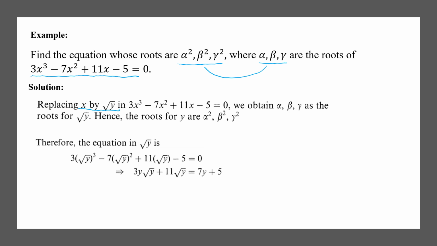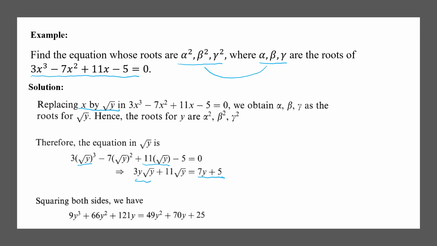So now in the given equation we've replaced x with root y throughout the equation, and then root y cubed can be split as root y square and root y, so hence you have that. And the negative values are moved to the right hand side, so this becomes 7y, and the negative 5 also moves to the right side, you get plus 5, and then this remains the same.